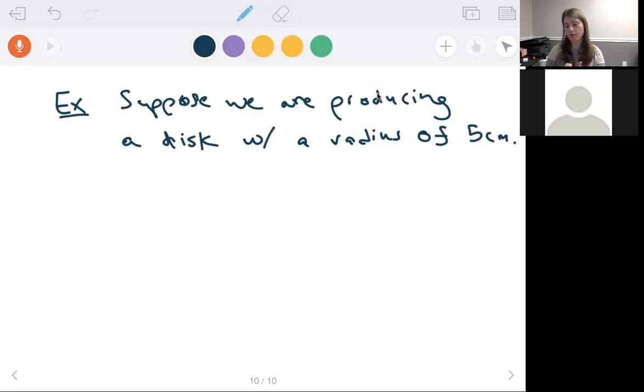But let's imagine for a second that our machine is off. So if our machine is miscalibrated, our machine might be off when it is selecting the radius to use. For example, we might imagine like a circular cutting machine, I don't know if you've seen, can visualize what I'm talking about, but let's say our machine is going to cut a circle.